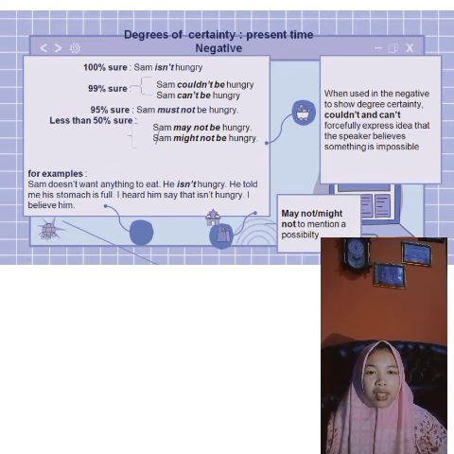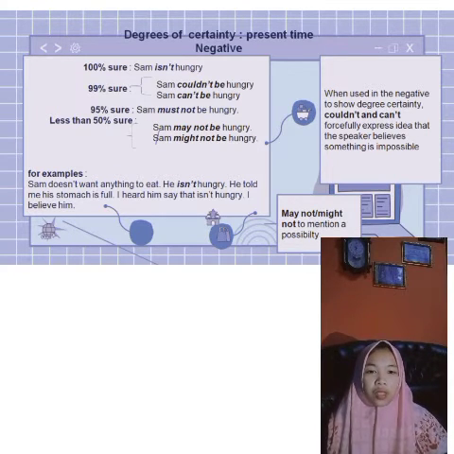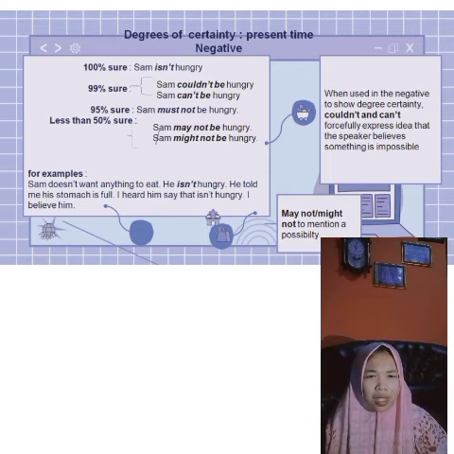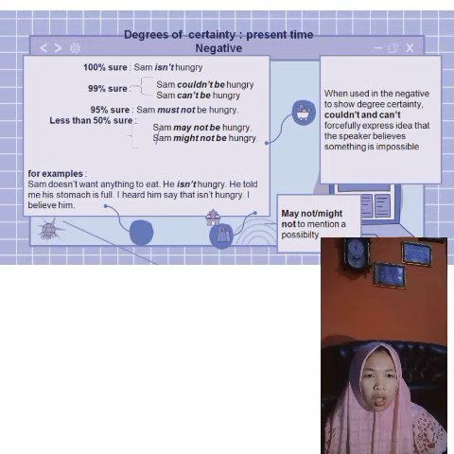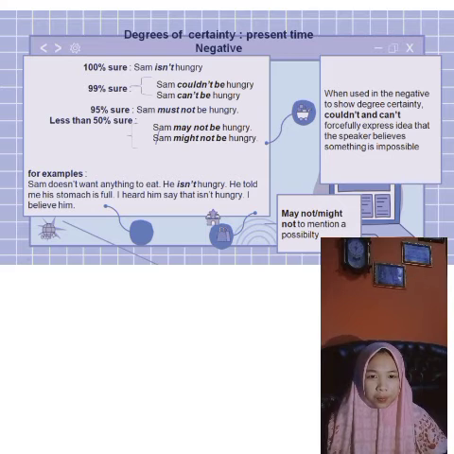The next material is degree of certainty, present time negative. Degrees of certainty are our belief in the truth of something or our certainty of a probability. In the negative form, we are confident or certain that there is no possibility of a truth, or we are unsure that something may happen.